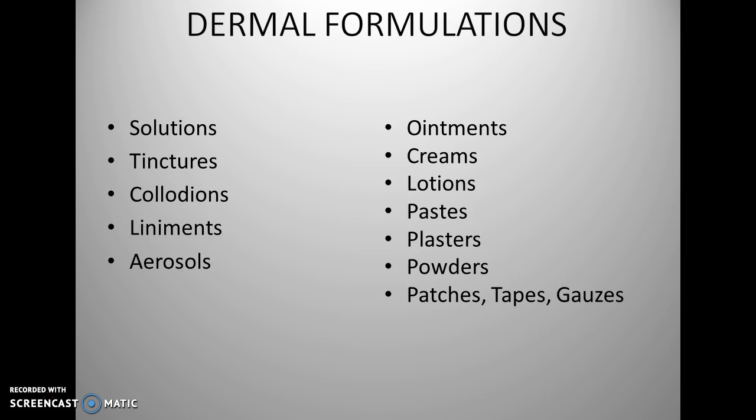Something that you should be very familiar with: the first type is for more potent drugs, and the second type that I just mentioned is for less potent drugs. And then finally, you can have what's called dermal aerosols. Dermal aerosols are generally used to apply anesthetics or antibiotic drugs for local effects.